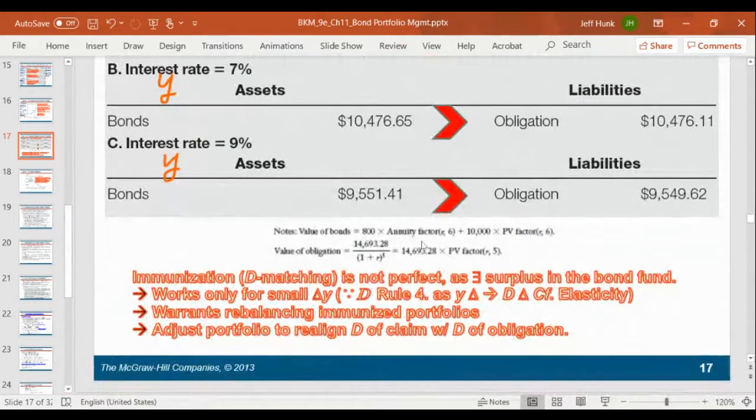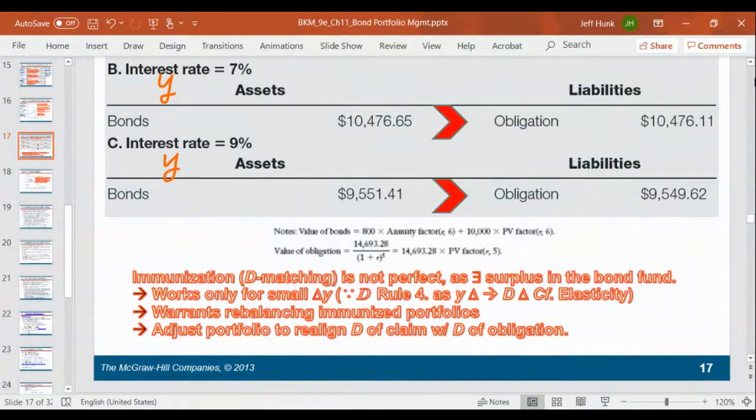When interest rate goes up, in terms of present value, right? Still, our bond portfolio is greater than our assets are greater than our obligations, right? Our claim, right? In other words, still, we are immunized, right?